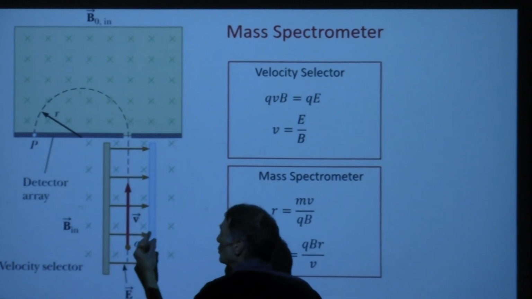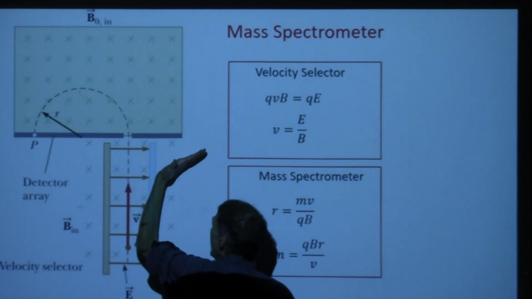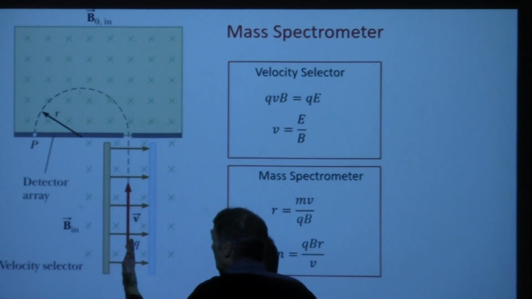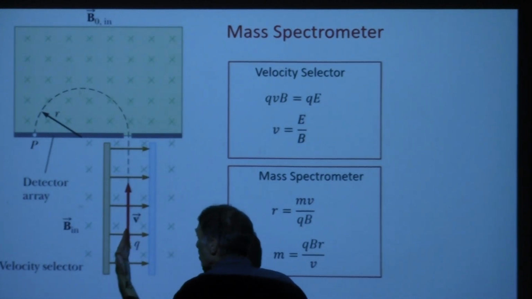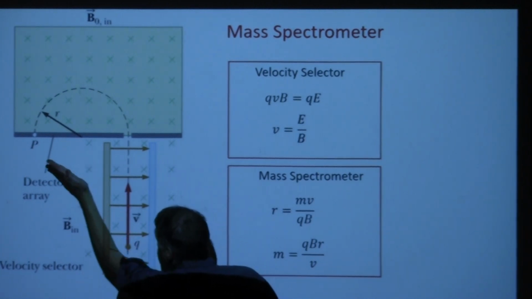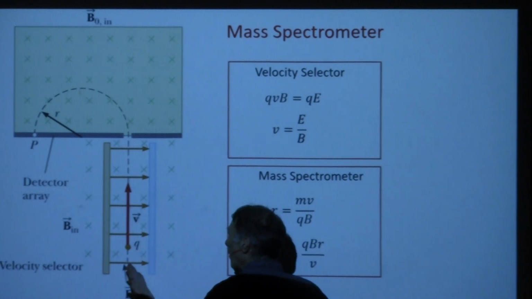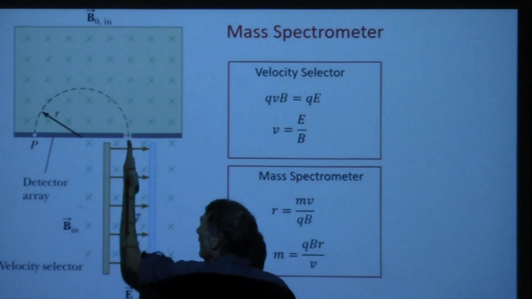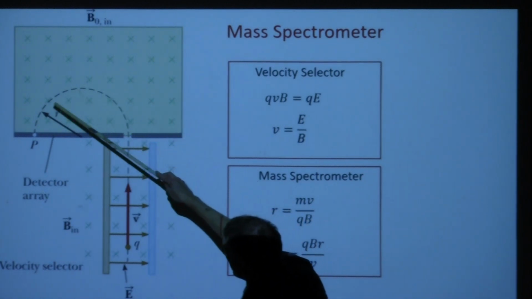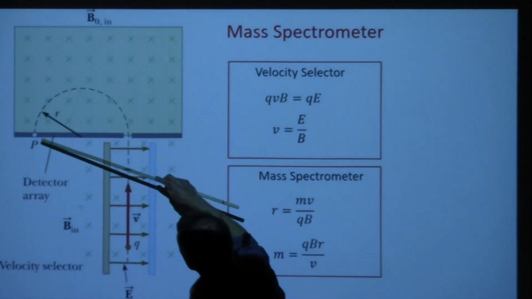Again, if it's traveling too slow, it goes this way. The electric field wins out. If it's traveling fast, the magnetic field increases its force with speed, so the fast ones go this way, the slow ones go that way. The ones that are just right go through the little window. Then they can enter this magnetic field, and they would go in a circular path.